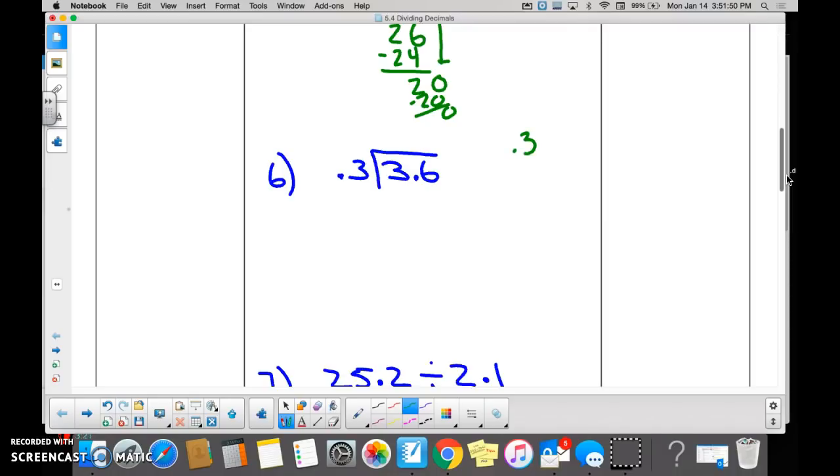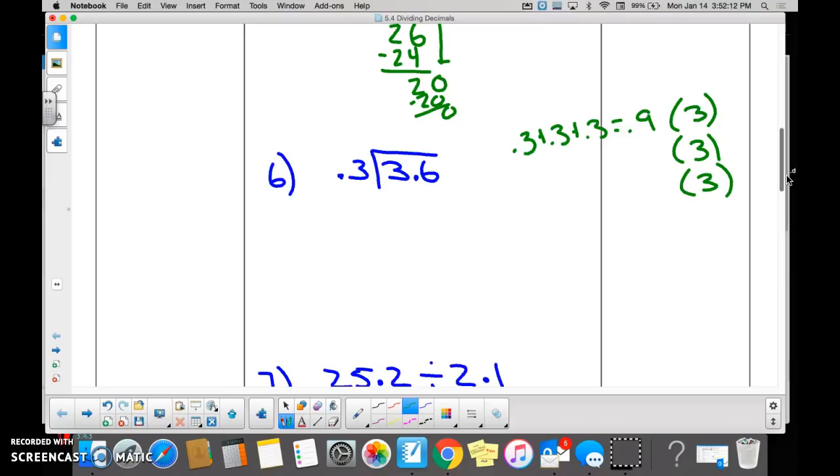Because 0.3 plus 0.3 plus 0.3 is 0.9, which is close to 1. So we have 3 0.3s to make up 1. We have another 3 0.3s to get to the number 2. We have another 3 0.3s to make up the number 3.